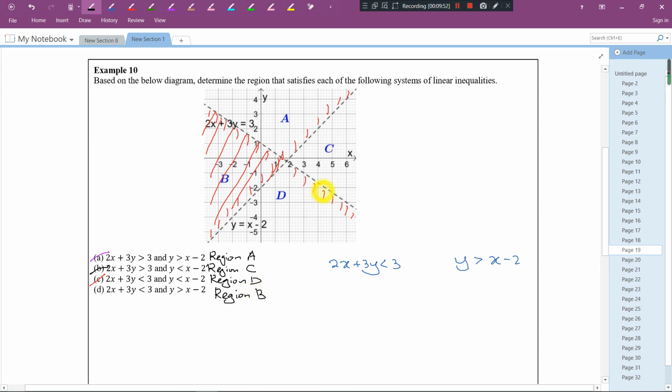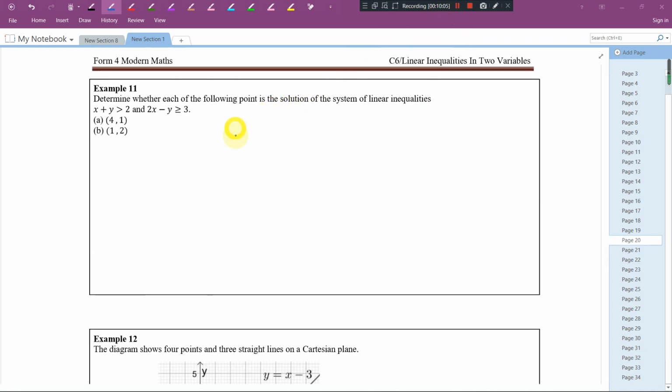So this is the way we shade the region that needs to satisfy a few linear inequalities. Okay, let's look at this example. Determine whether each of the following points is a solution of this system of linear inequalities.